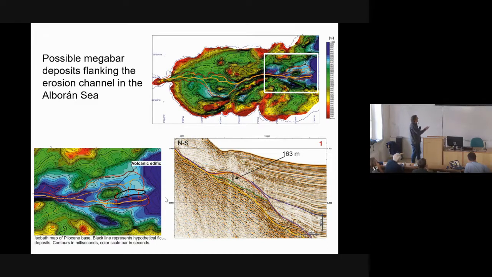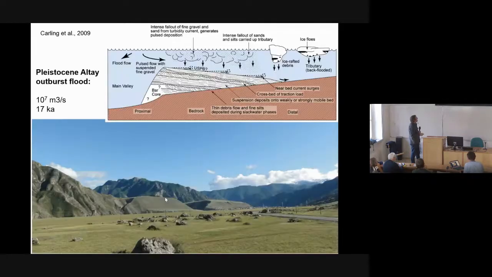It's an elongated body of a few 1.5 meters of thickness, and we are wondering if this could not be a typical lateral bar deposited along the way of this huge flood that was refilling the Mediterranean, similar to what we have seen in other outburst megafloods like the one in the Altai Mountains.